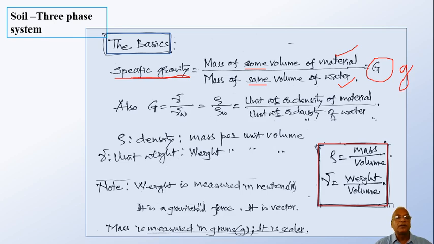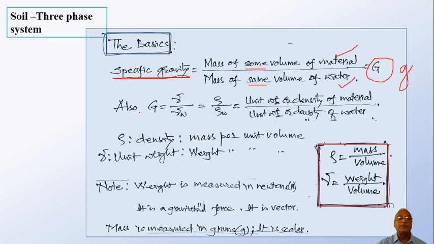Okay, there are finer things like specific gravity of soil solids and specific gravity of soil mass, but here I am defining only specific gravity. So it is a general definition: mass of some volume of material to mass of same volume of water.